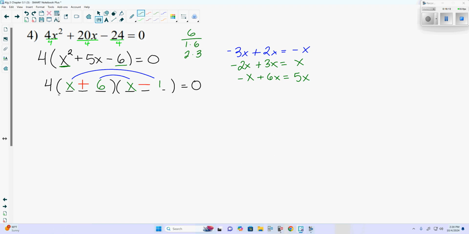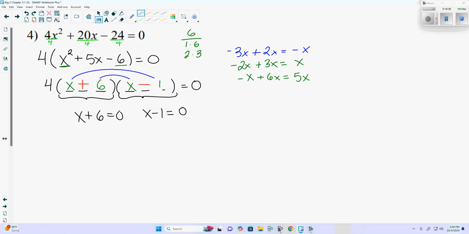Well, x plus 6, yes? Has to be 0. And the other is x minus 1, because I can plug a number into x for x plus 6 to get it to be 0, yes? I can plug a number into x minus 1 that will cause it to be 0.